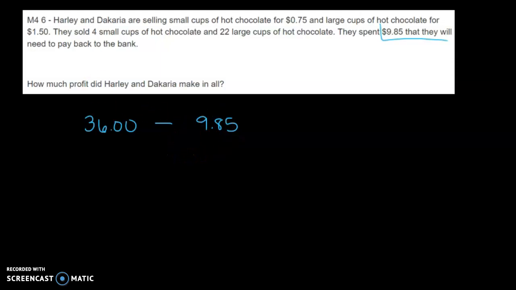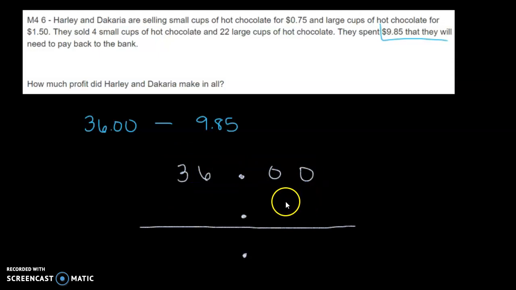So now we have to ask ourselves, okay, this is subtraction. Do I line up my decimal or not? And I absolutely do. So we're going to line up our decimal. All right, so we have 3600 and 985. All right, so old school subtraction.